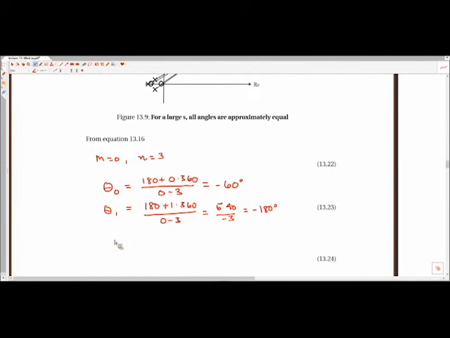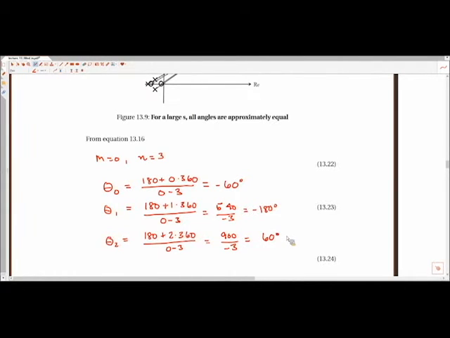And then theta 2 is 180 plus 2 times 360 over 0 minus 3, which is 900 over negative 3, which is equal to negative 300, or actually 60 degrees.